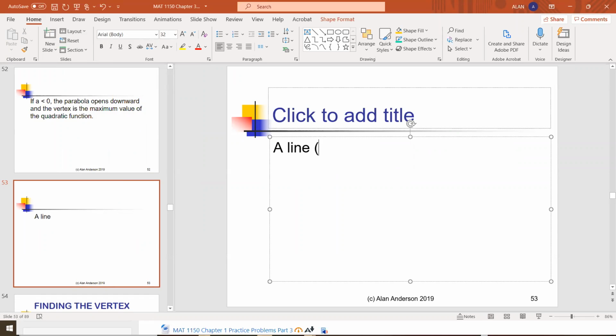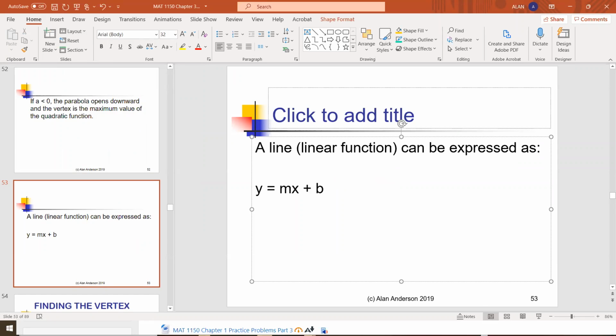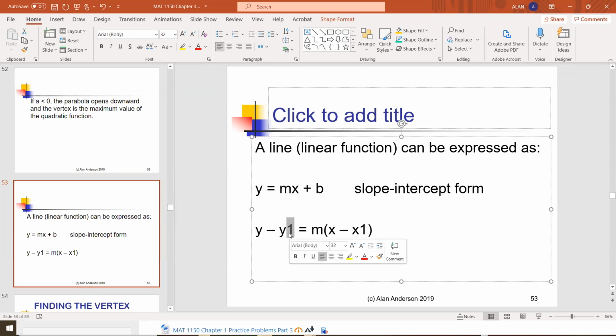A line or linear function can be expressed as, so the traditional approach is y equals mx plus b, which is sometimes called the slope-intercept form. But we also have y minus y1 equals m times x minus x1. Okay, let me make these into subscripts.